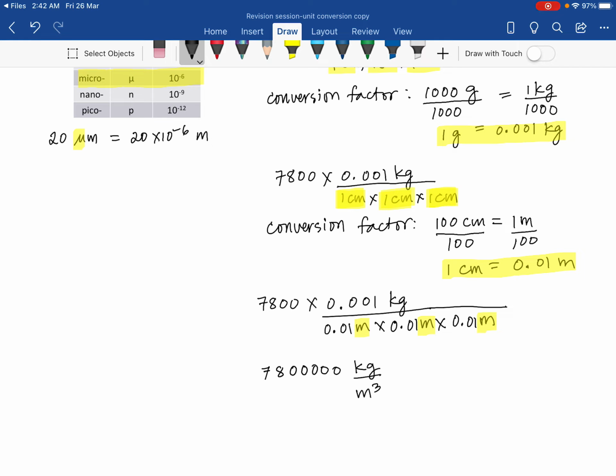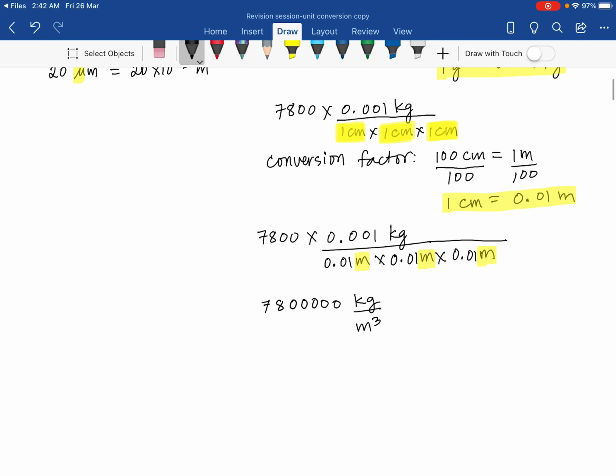Okay, one of the issues being encountered here is the issue of bracketing in your calculator. So if you did not put a bracket, you will get the same 7,800. And you know intuitively that converting 7,800 grams per cubic centimeters cannot be equal to the same 7,800 kilograms per cubic meters. So what you should do when you enter this in your calculator is you put brackets.